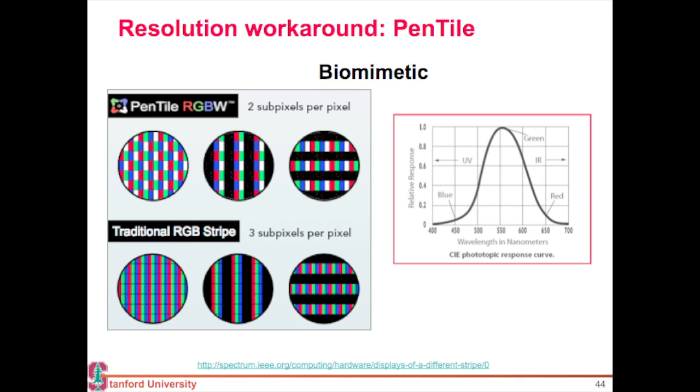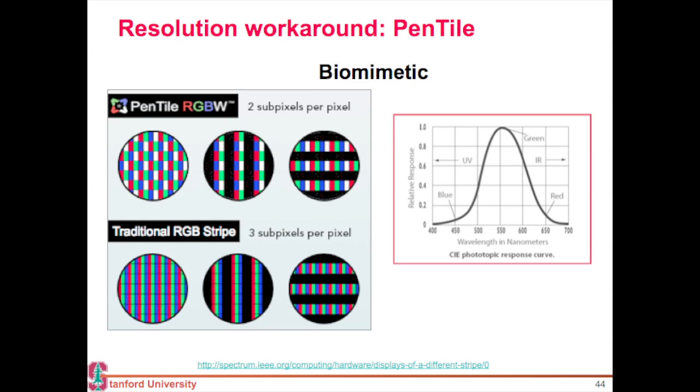These are called biomimetic displays, a very generic name for technologies that imitate our human vision. There are similar technologies for audio as well, which try to emulate how our brains are wired for vision and for sound.